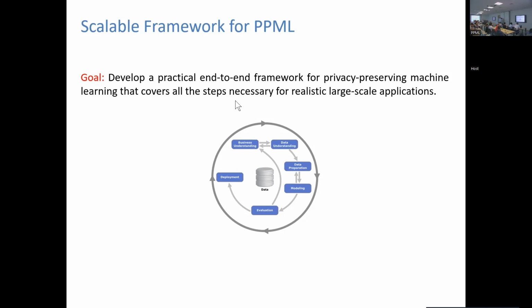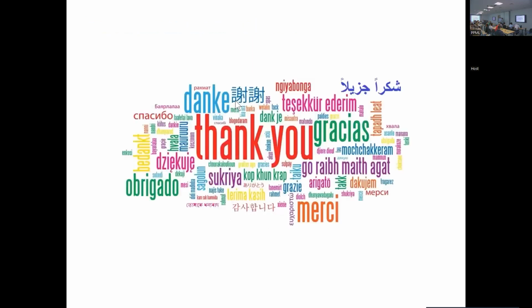Of course secure training and secure inference are important, but try to look also at how to do the pre-processing in a secure way, how to do the fine-tuning in a secure way, how can you pick hyperparameters in a secure way. All these kinds of operations are very important for the ML pipeline if you want to deploy these things. That was it.